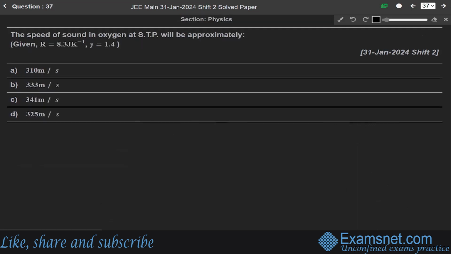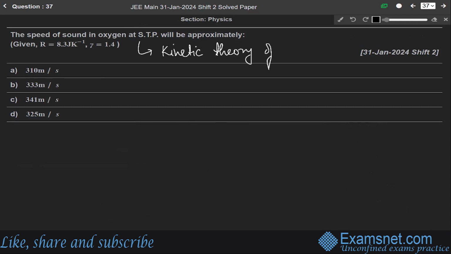Now next question 37. The speed of sound in oxygen at STP. STP means standard temperature and pressure. We have to find the speed of sound. Now this question is from the chapter of kinetic theory of gases.